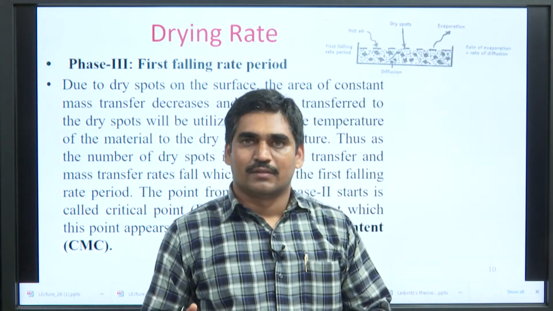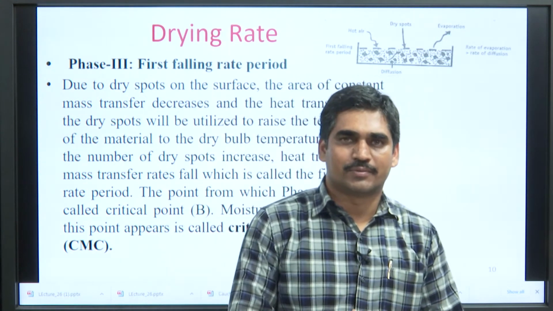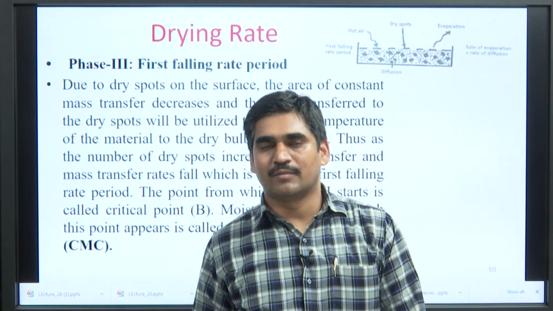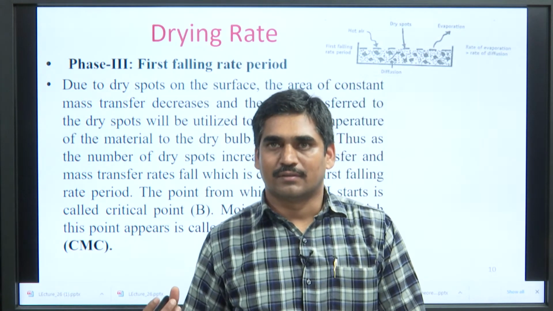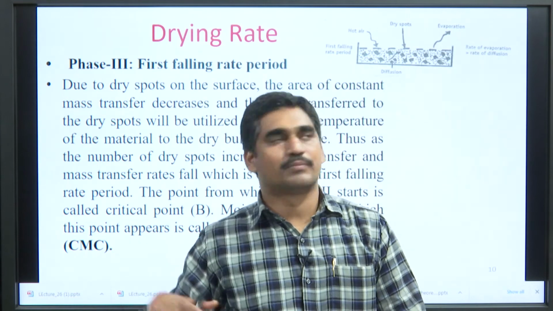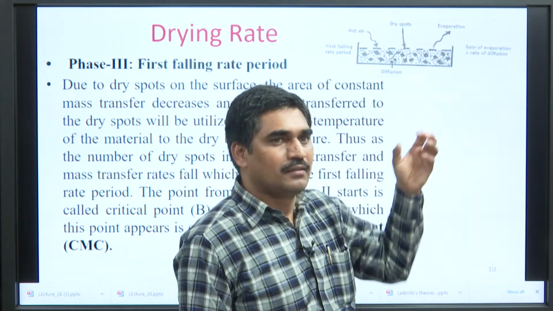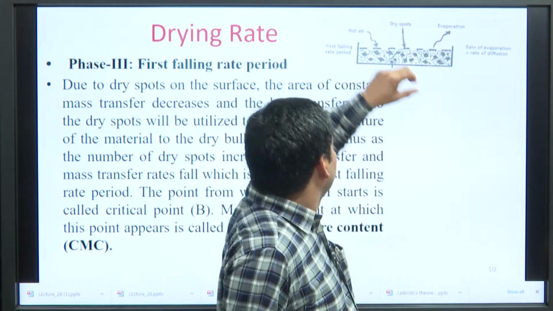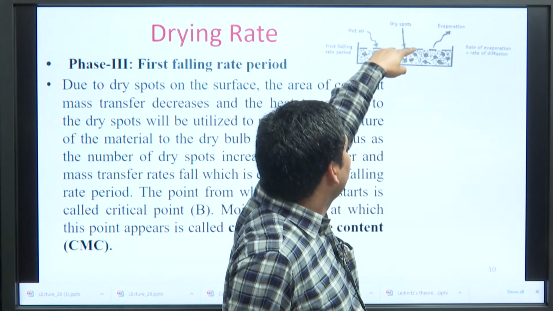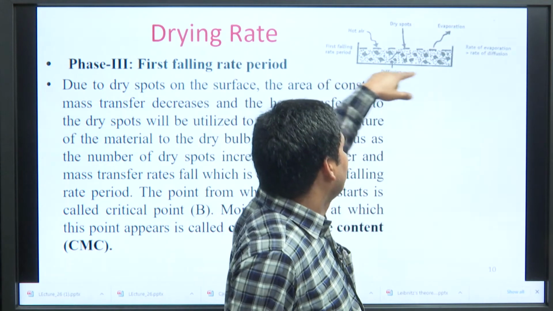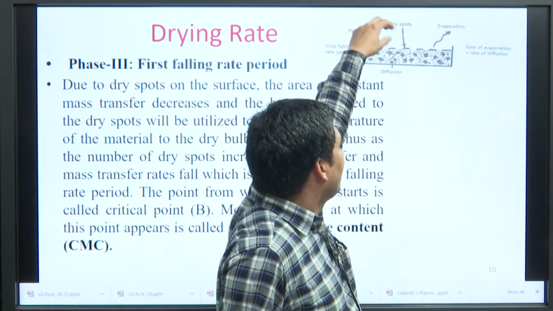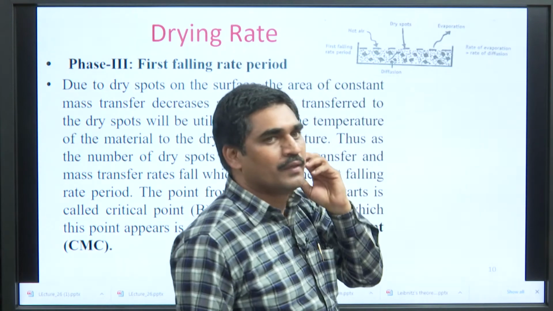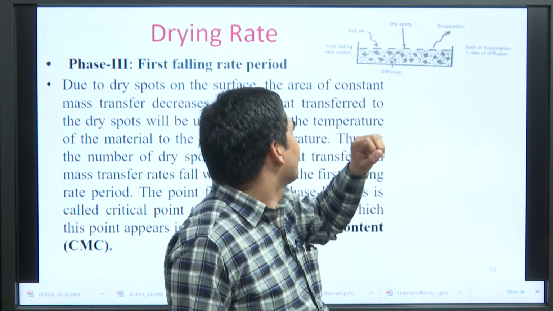That means, as the drying proceeds further, the internal moisture present inside this material gets reduced. So, due to this, dry spots start to appear on the top of this sample.